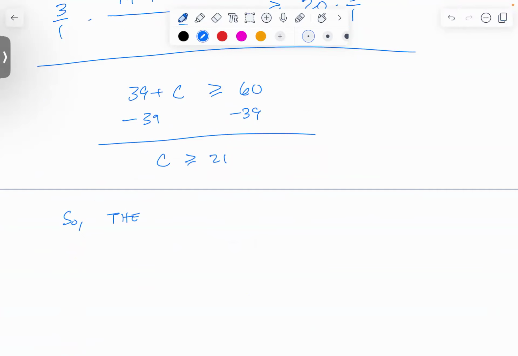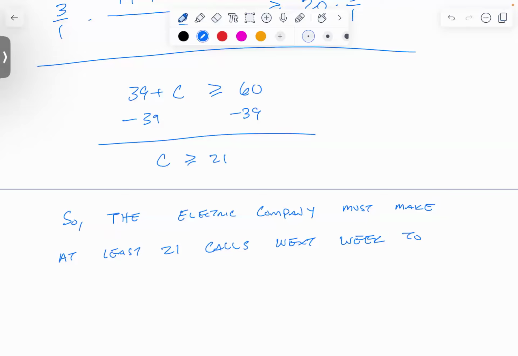The electric company must make at least 21 calls next week to maintain their 20 call average.